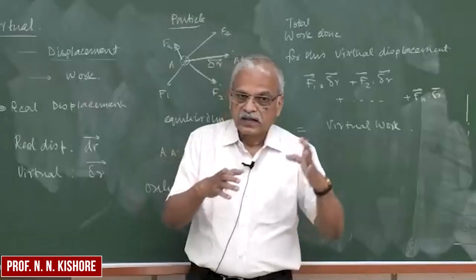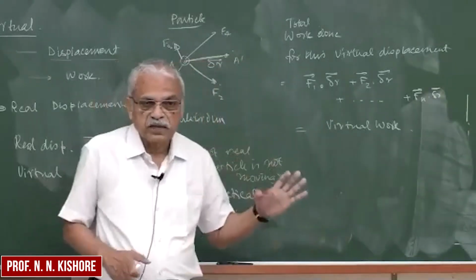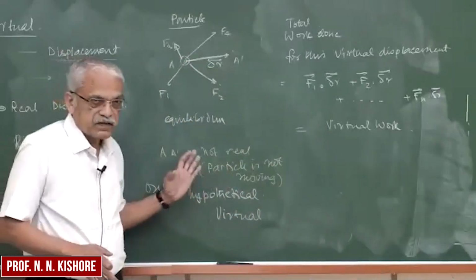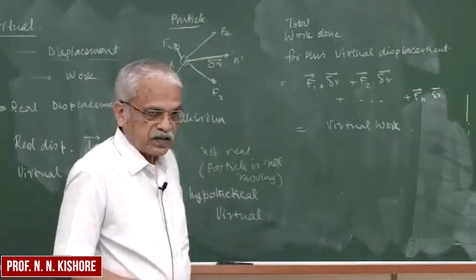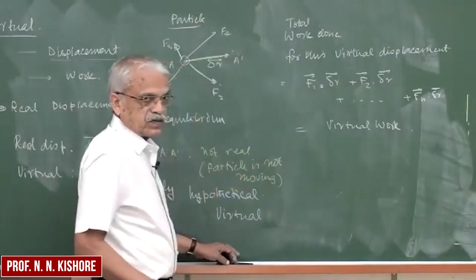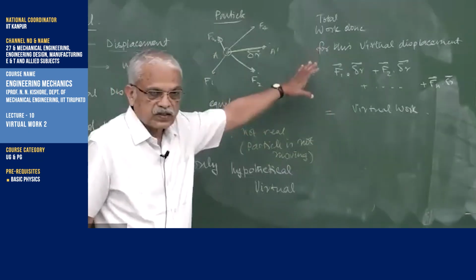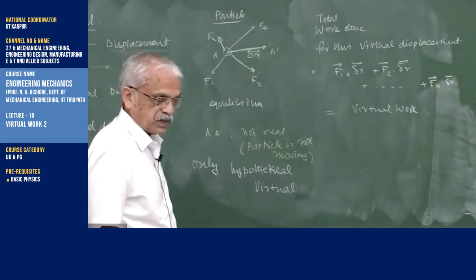Here we are not doing that. We are perturbing it for our mathematical evaluation of this principle, and that way we call it virtual. Any work associated with virtual displacement is called virtual work.